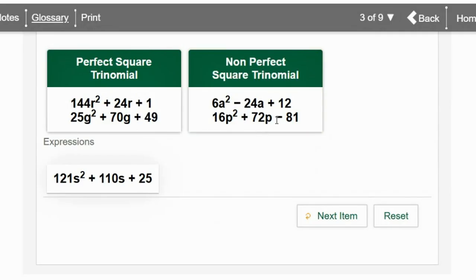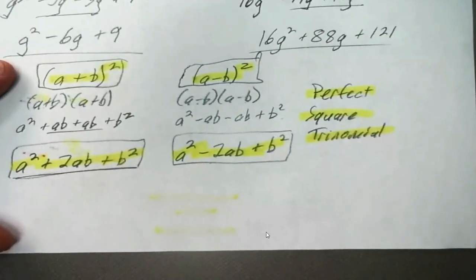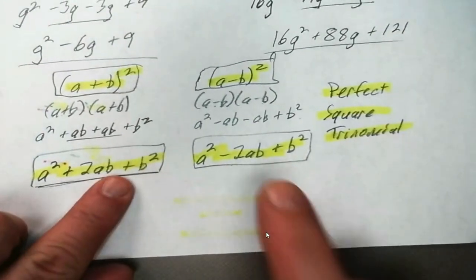If that was a plus 81, this would be a perfect square trinomial, because this is 9, this is 4, 9 times 4 is 36, 36 times 2 is 72. The numbers all work except you can't have a negative, because if we look at our pattern, this is always positive.